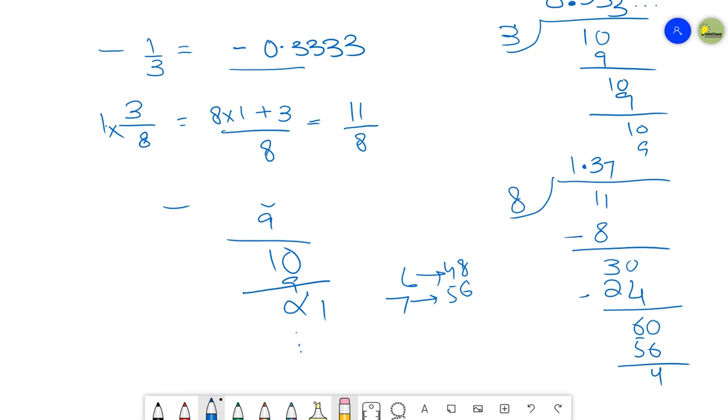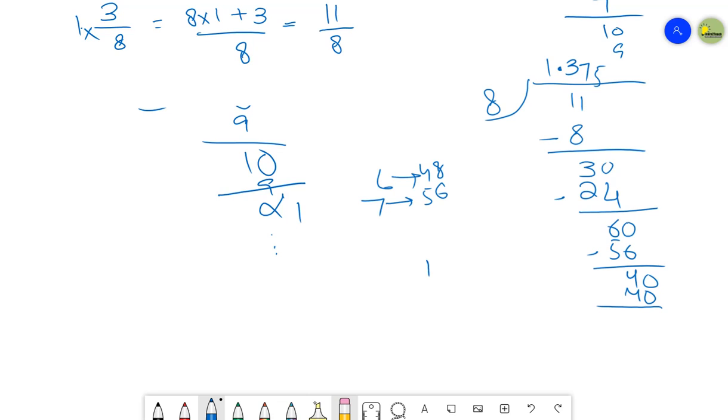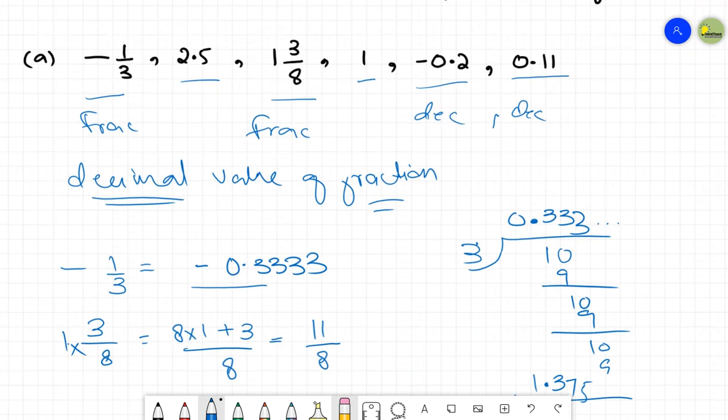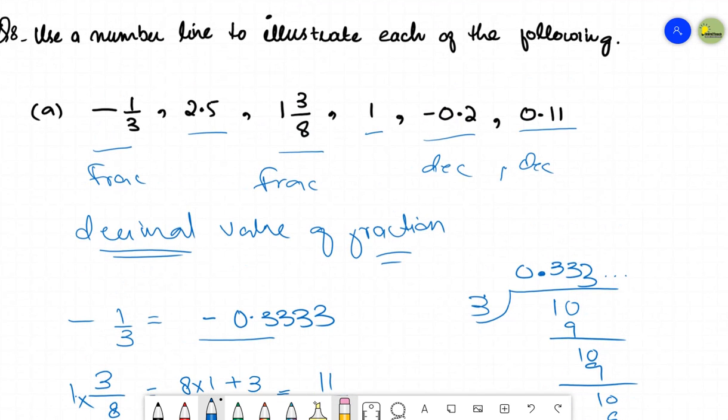Then I have 4 over here. I need to subtract it, add another 0, right, to divide by 8. So now 8 fives are 40. Okay, so in this way, I have got a decimal value of 11 upon 8 that equals 1.375, right? So these decimal values will be written over here. Just write these values over here so that you can easily remember.